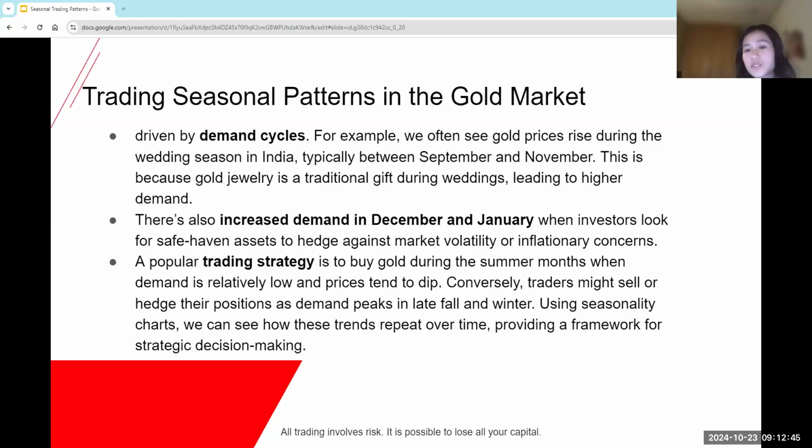And lastly, a popular trading strategy is to buy gold during the summer months when demand is relatively lower and prices tend to dip. Conversely, traders might sell or hedge their positions as demand peaks in late fall and winter. Using seasonality charts, we can see how these trends repeat over time, providing a framework for strategic decision making.